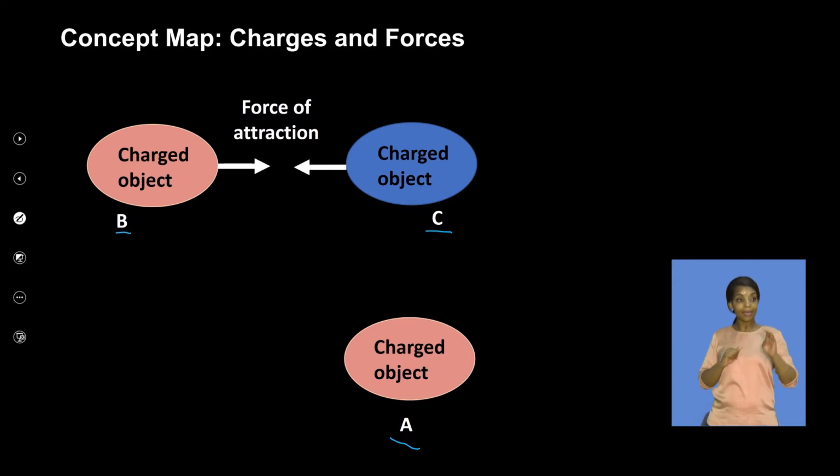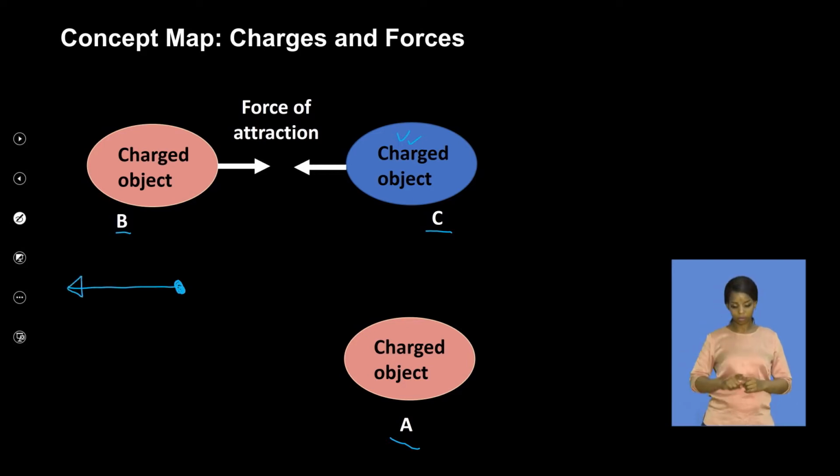So if we consider, for argument's sake, the force exerted by B on C, let's concentrate on C. There are two objects that exert an electrostatic force on object C. So if we were to draw a vector diagram or a free body diagram, we would have something of this sort. Now, the force on C by B is in that direction, because these two are unlike charges.